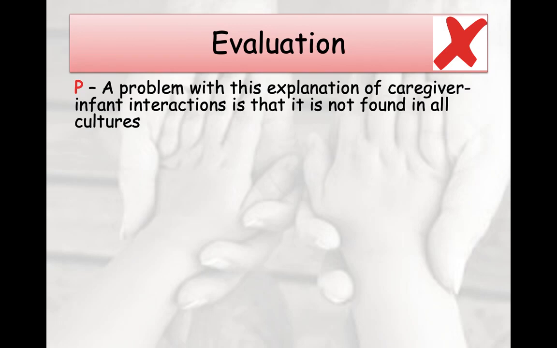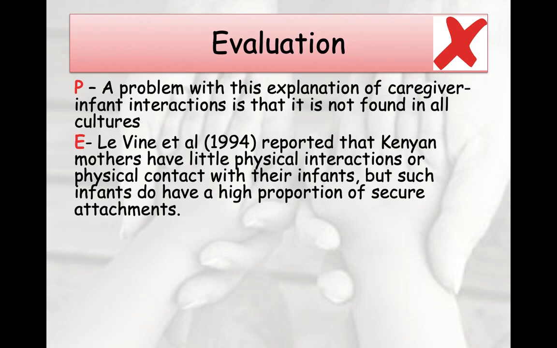Another issue is that it's not found in all cultures. So this idea of reciprocity and interactional synchrony is that sometimes you won't actually observe that behaviour cross-culturally. So a bit of research by Levine et al. reported that Kenyan mothers don't often have that much physical interaction or contact with their babies, but they have found that they do have secure attachments to their babies.